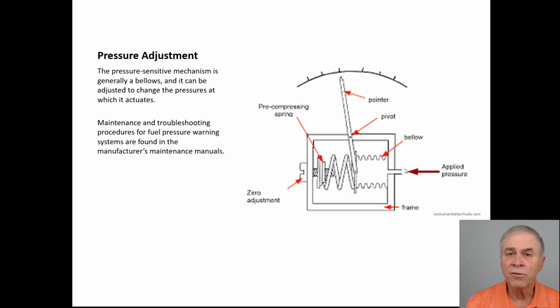And if you apply a certain amount of pressure and you want it to read exactly on that knot, on that little hash right there, that little radial, you can adjust it so that the pointer goes exactly there if you're applying the correct pressure. Probably rare that you would do that, but it's more important that you understand the concepts of how and why you would do it.